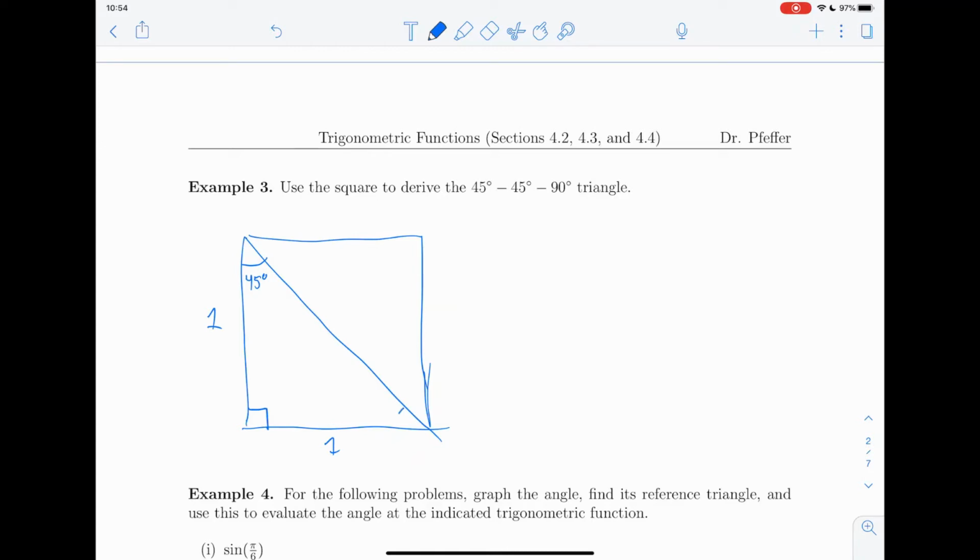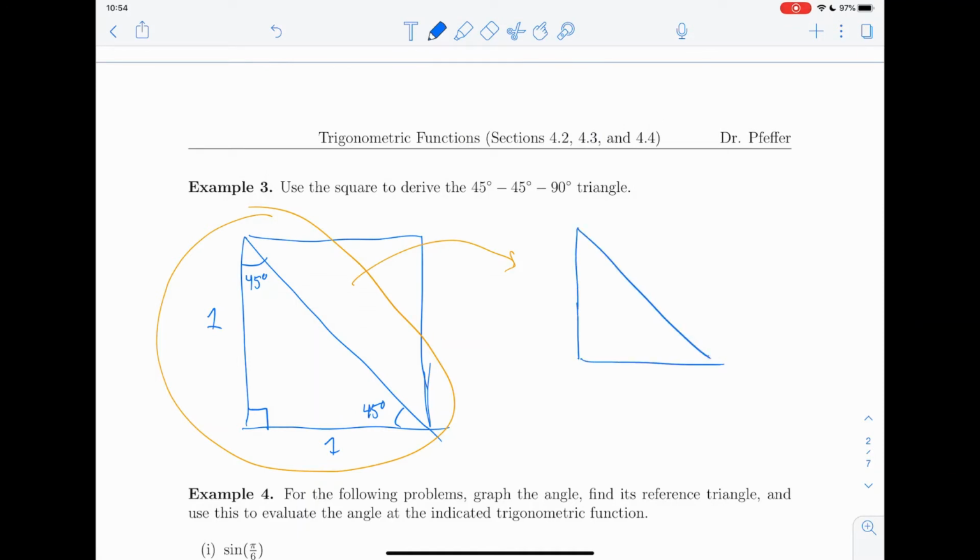And again, this angle down here is 45. So just like we did last time, we're going to take this triangle and port it over into its own triangle on the right, a triangle with 90 degrees and 45-degree acute interior angles.